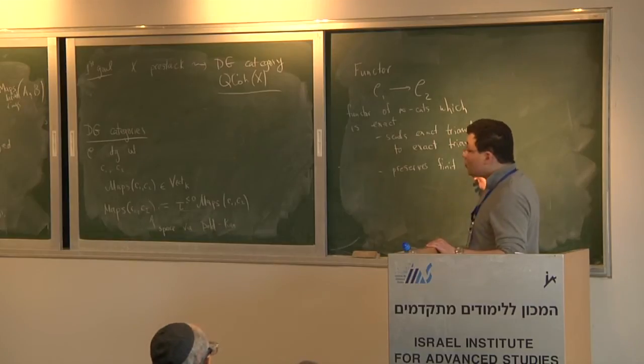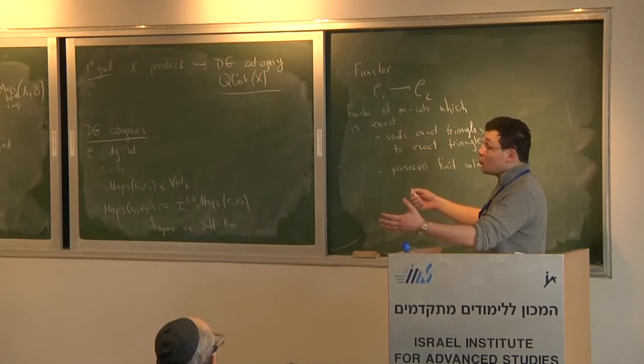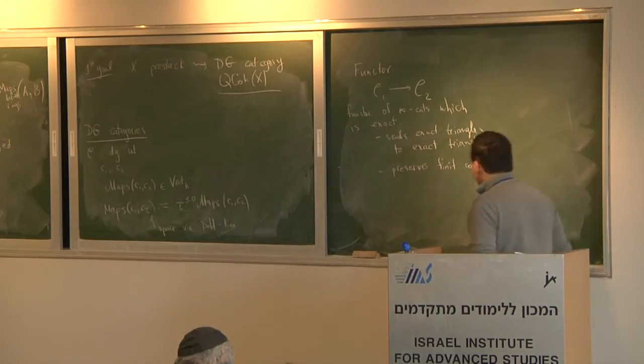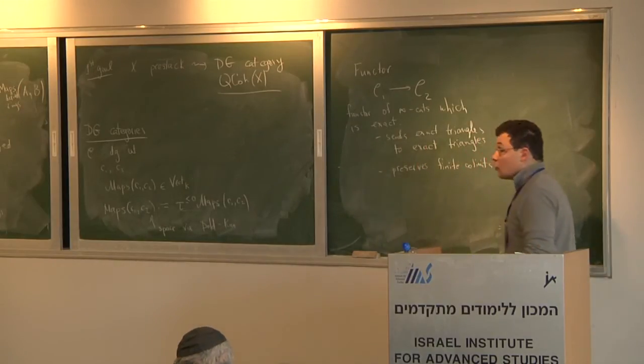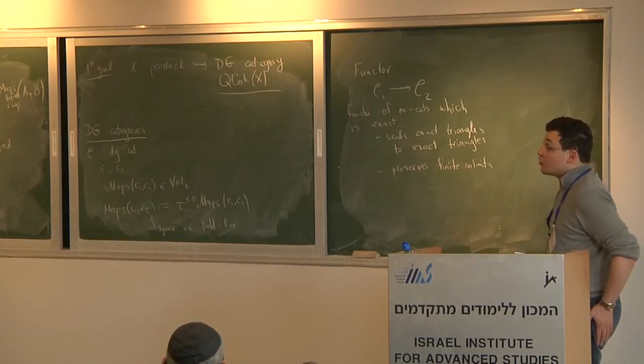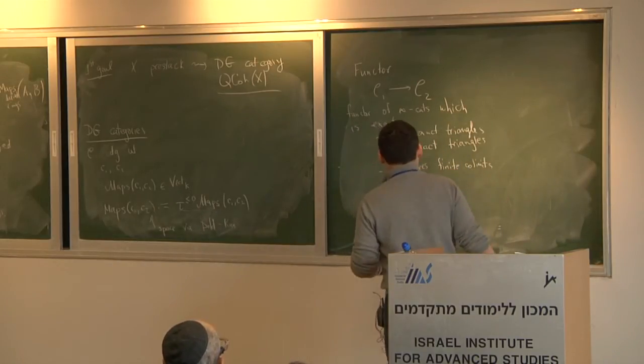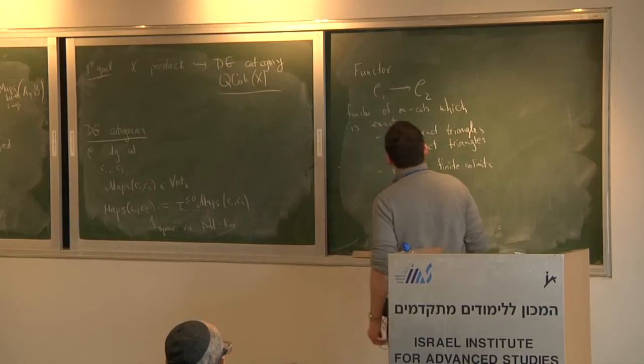So this is like DG functors up to quasi-equivalence. One way of making that explicit is by looking at various kinds of resolutions, or there are a number of ways of making this explicit, but I don't want to get into that.